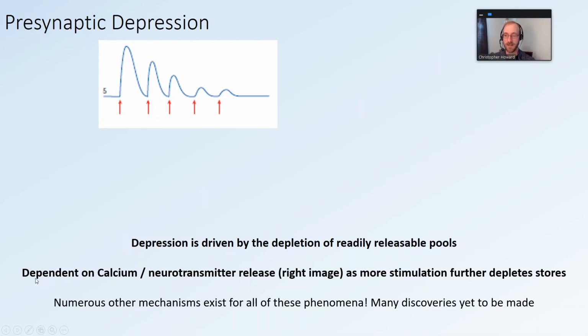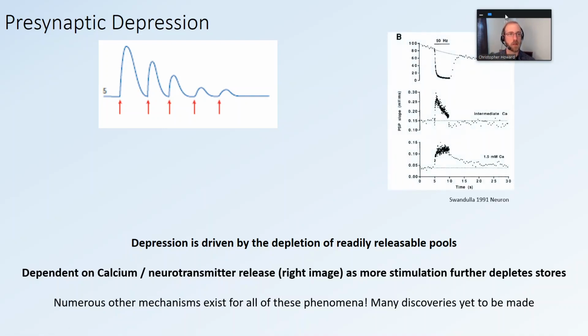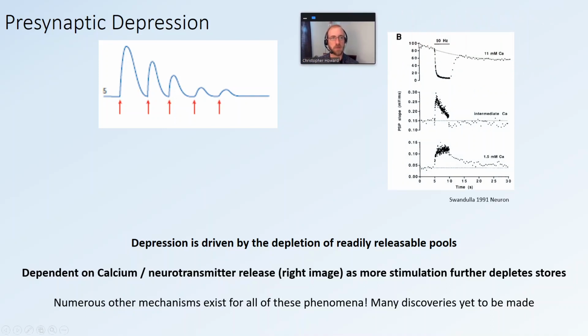So depression is therefore dependent on calcium, because we need calcium to drive vesicle binding, and it's dependent on neurotransmitter release. So let's say we want to study depression and we take away calcium. What happens? Here you can see a change in PSP amplitude. We're starting with 100% here, and then after a long series of stimulation at high frequency, depression takes over, and you see that the amplitude of the PSPs postsynaptically goes way down before coming back.